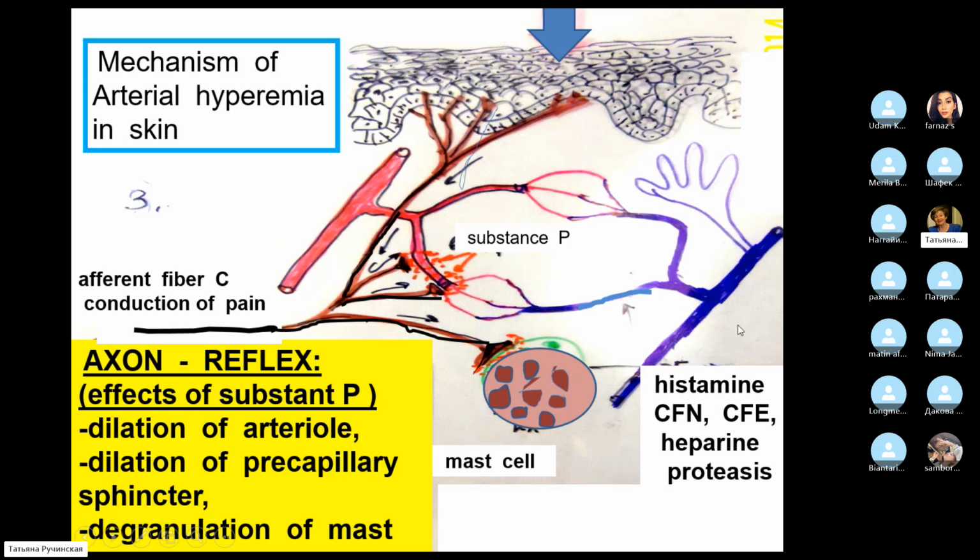They are histamine, heparin, proteases, and chemotactic factors for neutrophils, chemotactic factors for eosinophils. Immediately after degranulation, all these mediators appear in the interstitial space. The question is, where are these mast cells located? Mast cells are located in the interstitial space, in connective tissue, near the venule.